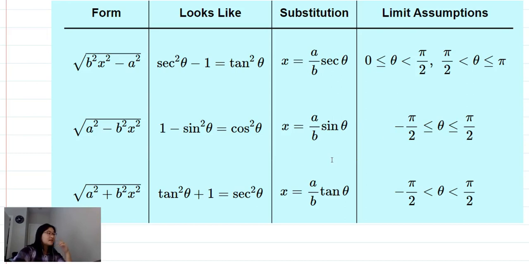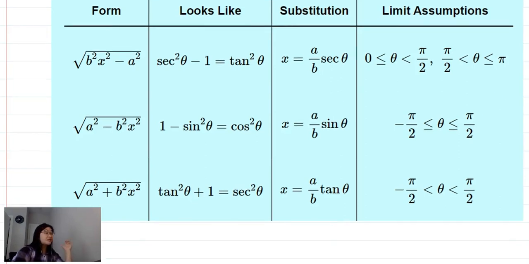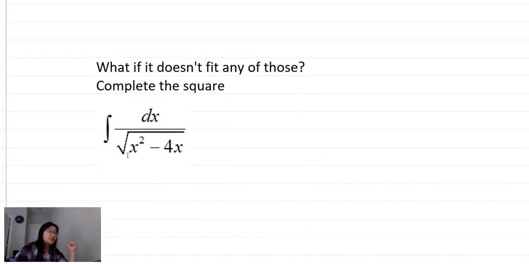So these are the patterns that you should look for, and draw a triangle. So what happens if you don't get one of those forms? What if what you're given doesn't look like something squared minus something else squared, or something squared plus something squared, sums or differences of squares inside your radical? Well, you should probably use completing the square so that you can get what you want.